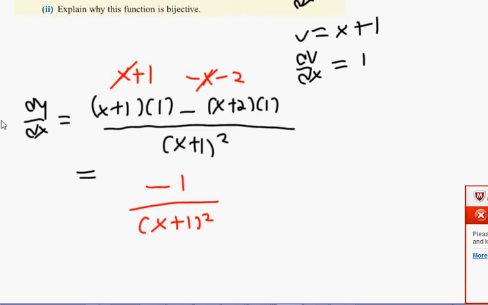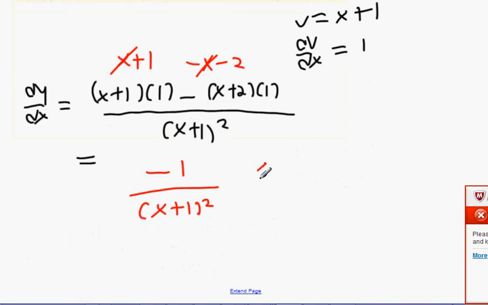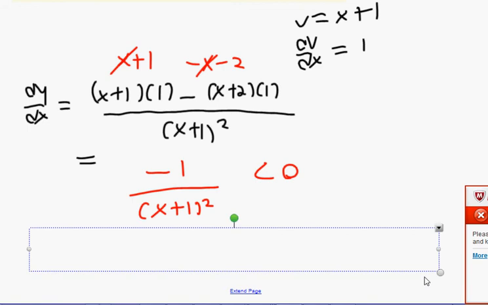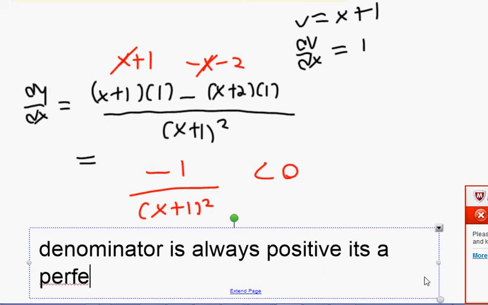Now, it wants me to show that it's less than 0 always. Why is this always less than 0? A quick note about it on the bottom. The denominator is what, guys? It is always positive because it's a perfect square.